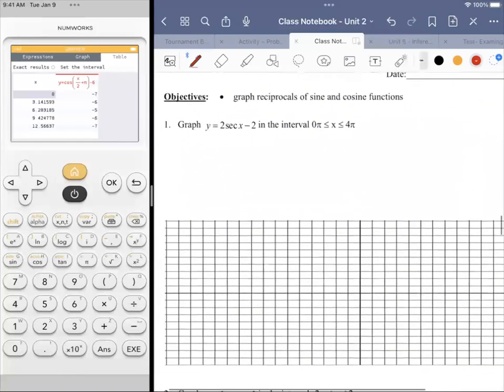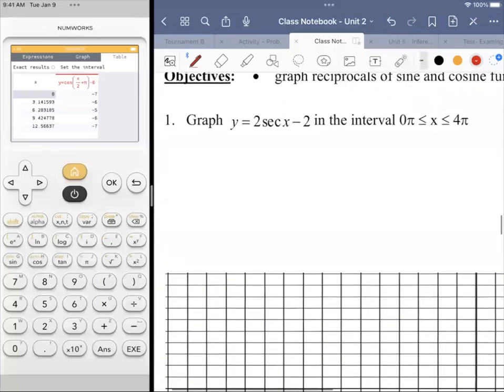I'm going to match this up with the sine cosine general form. So I'm going to write this as y equals a secant of bx plus c, plus d. We're going to identify the amplitude, period, phase shift, all that stuff the same way for secant that we would for cosine.